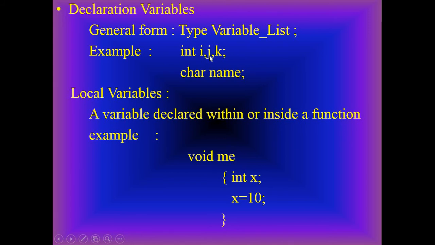Then take note that in terms of variable declaration, you can declare a single variable. That is why it is called variable list or variable name, because you can declare them individually.